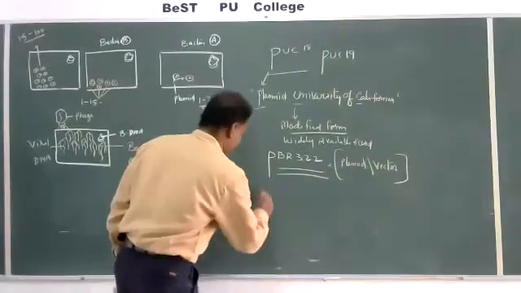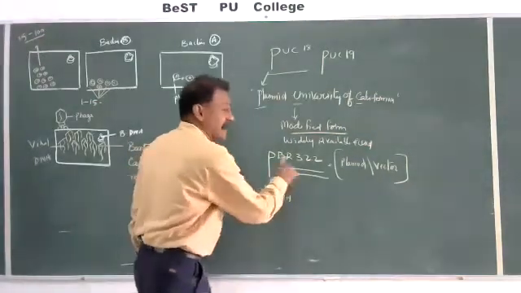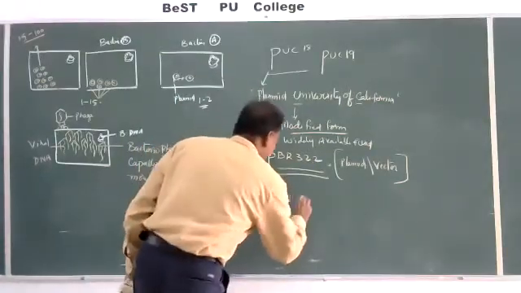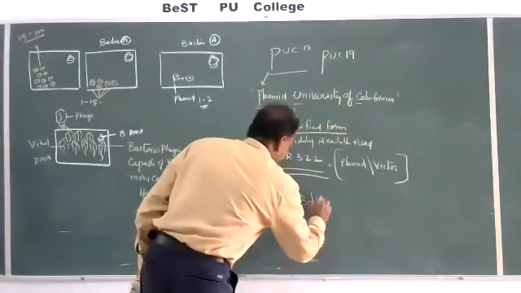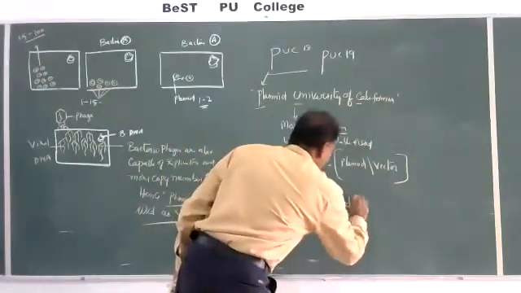P for plasmid, BR after Bolivar and Rodriguez.